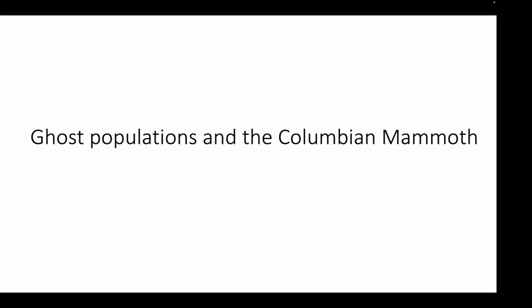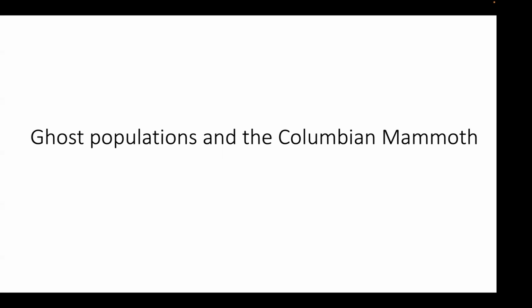Now, there's something which wasn't known until a couple of years ago: we know there are some ghost populations related to the Columbian mammoth, which we've never found. A ghost population in genetics is when you can tell from the DNA sequence that there's a separate group of individuals from that species which have never been mapped, but which are detected because of admixture patterns.